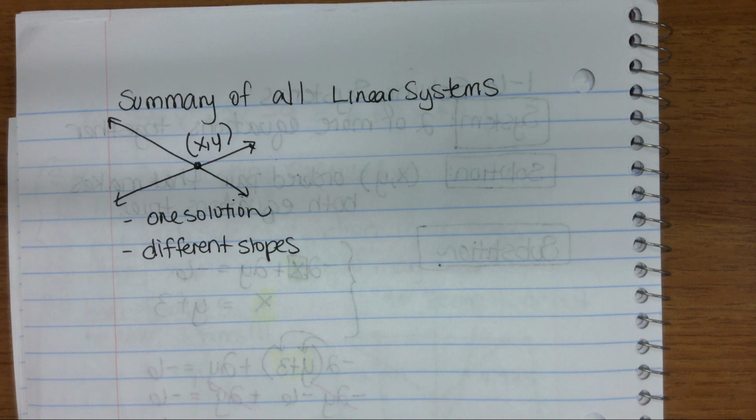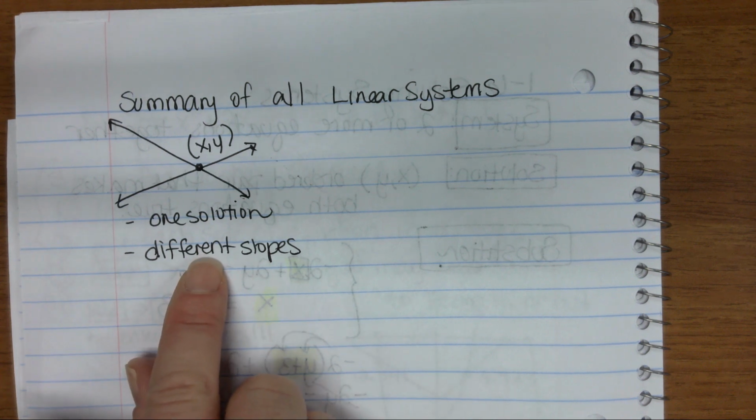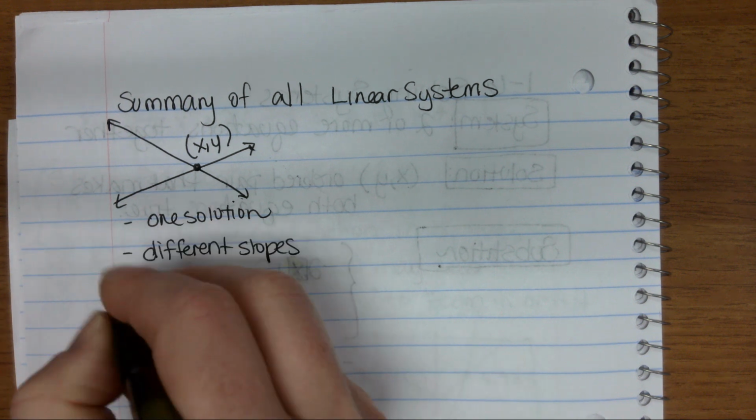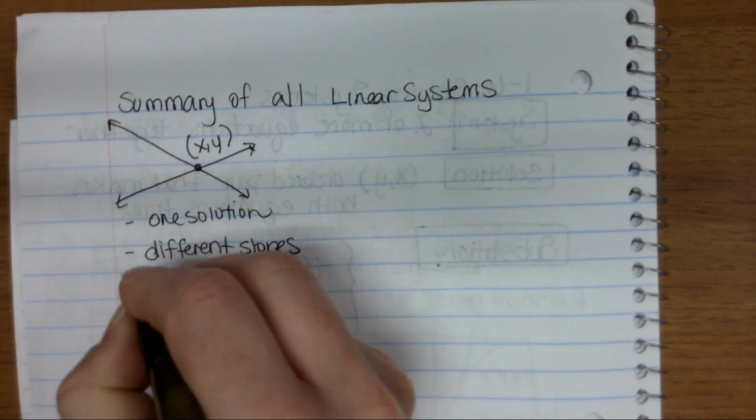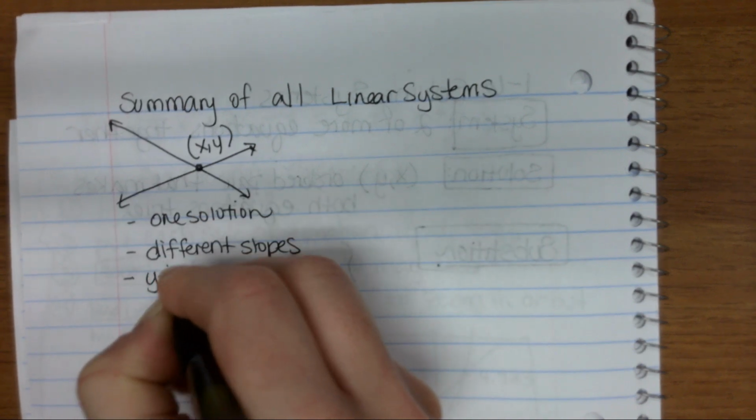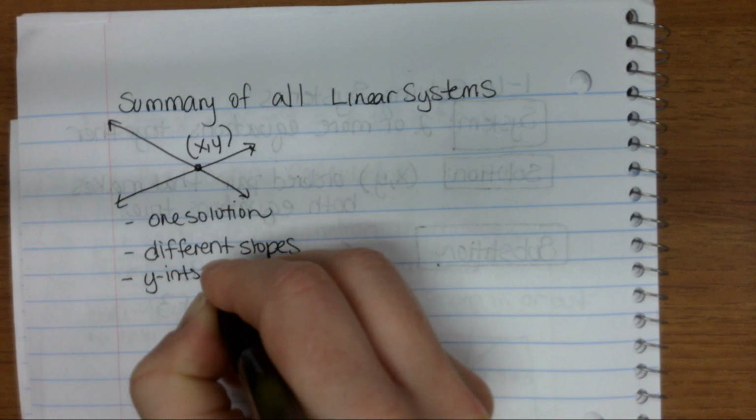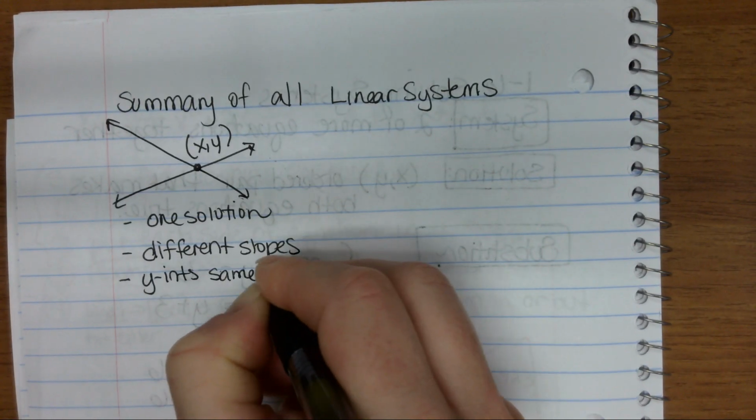They for sure have to have different slopes. Do the y-intercepts have to be different? No, because that could be the point where they meet. So I'm going to say that y-intercepts can be the same or different. It doesn't matter.